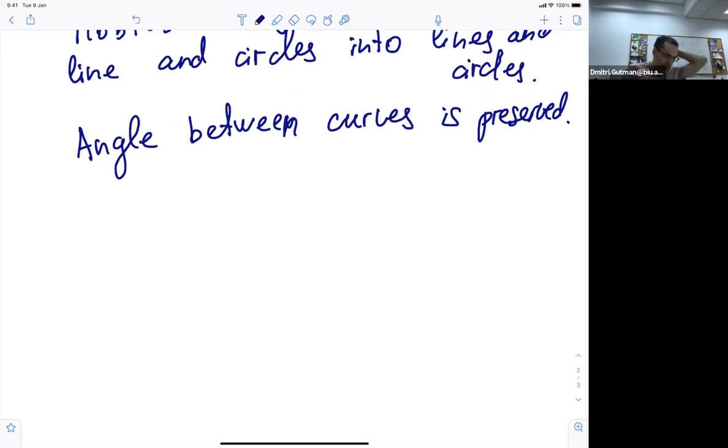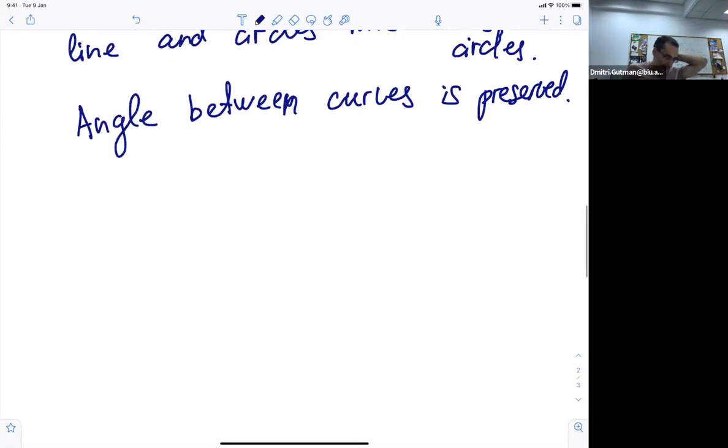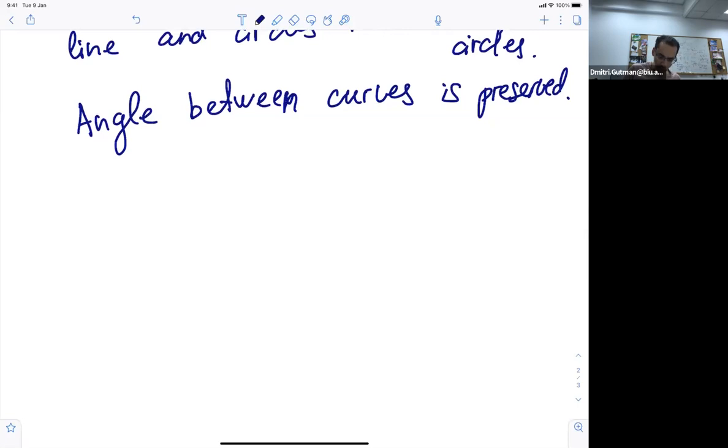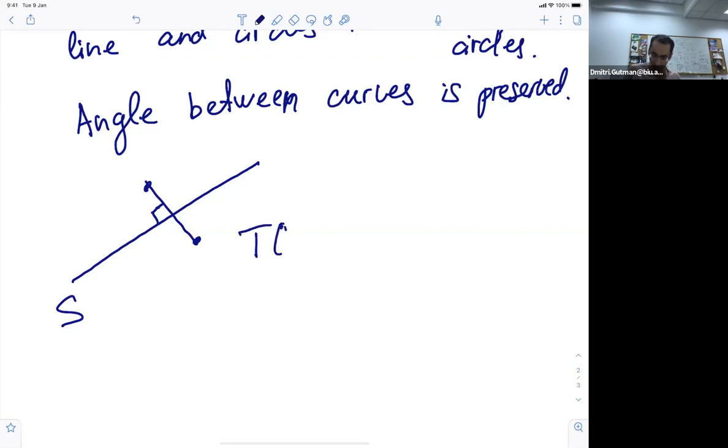So what it means is that if we have 2 points that are symmetric with respect to a straight line, and I draw a line that connects these 2 points, it will cross the straight line S at 90 degrees. And now if I apply some Möbius transformation T on this plane that maps all this into some other plane, these points will be mapped.